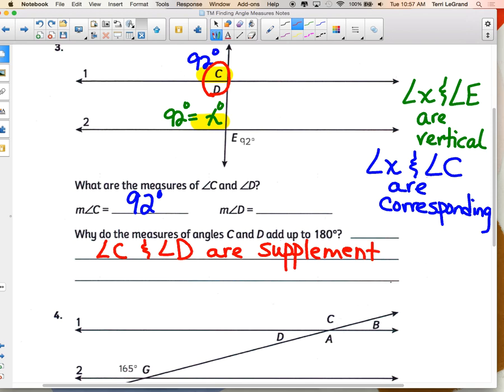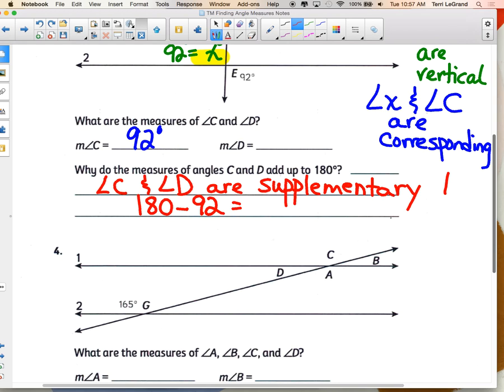Because they're supplementary, they add up to 180, and just like Sierra said, we're going to take 180 and subtract angle C's measure of 92 to get angle D's measure. So we'll come over here to the side and we'll say, what's 180 subtract 92?